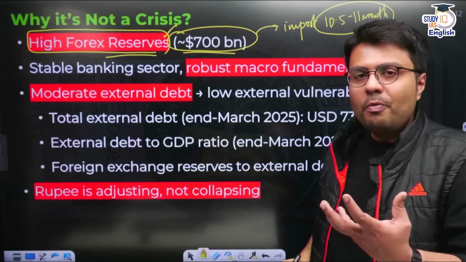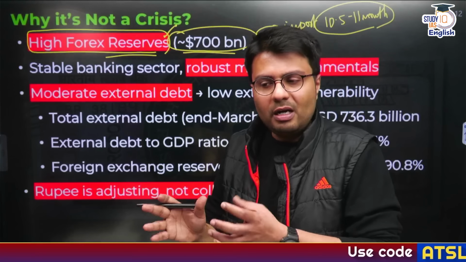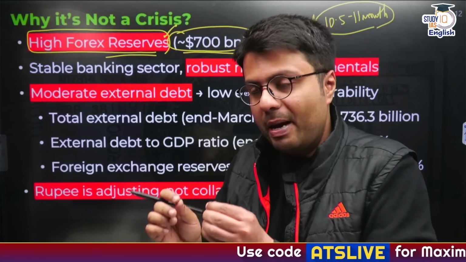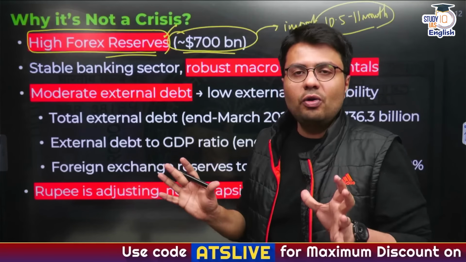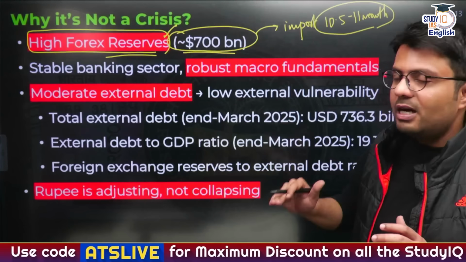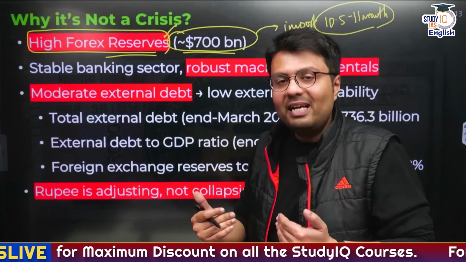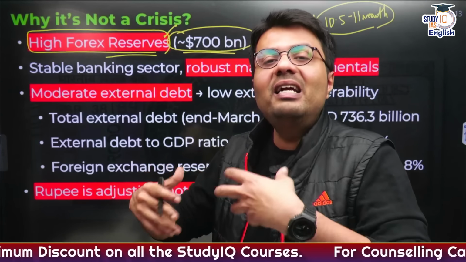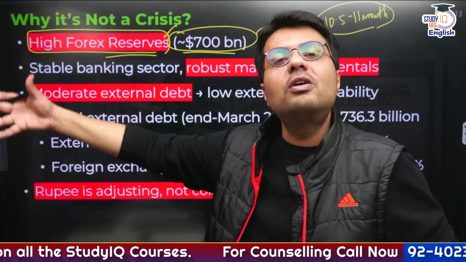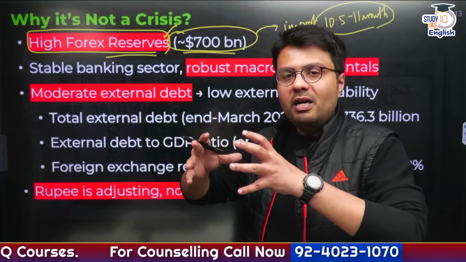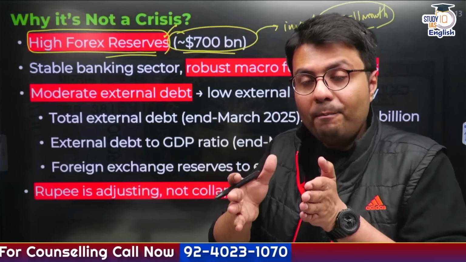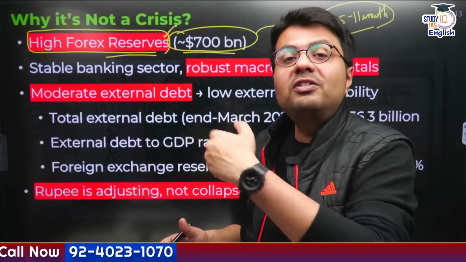Similarly, macroeconomically also our fundamentals are stable, the government's deficit is under control, and our banking system is strong. So this does not give us a warning sign. And when it comes to external debt, meaning the debt Indian companies have taken from external sources, if it is very high, it would bring India under the pressure of an exchange rate crisis.